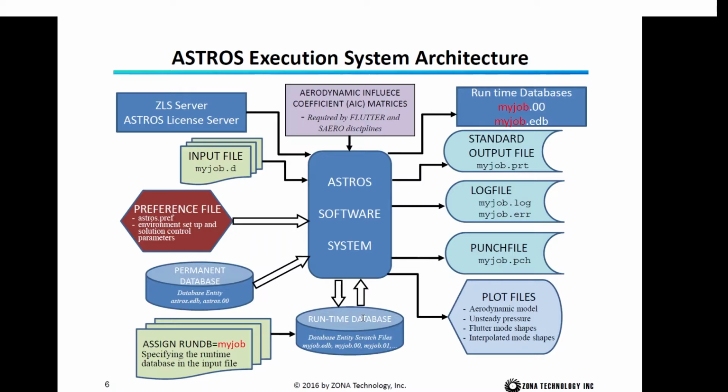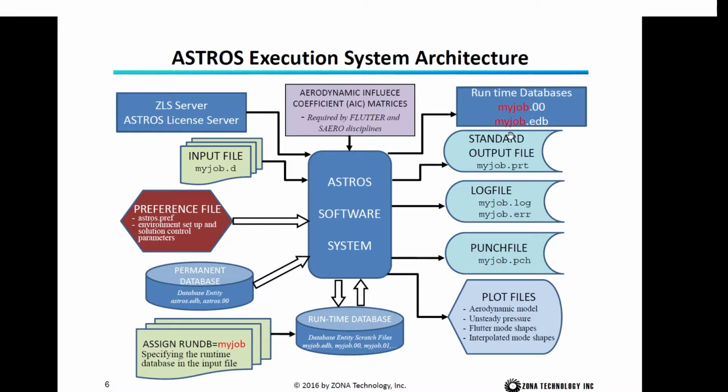And the next module can retrieve this data entity from the runtime database. So each module of ASTROS does not talk to the others directly. Rather, they retrieve the data entity created by the previous module, generate a new data entity, and put it into the runtime database.